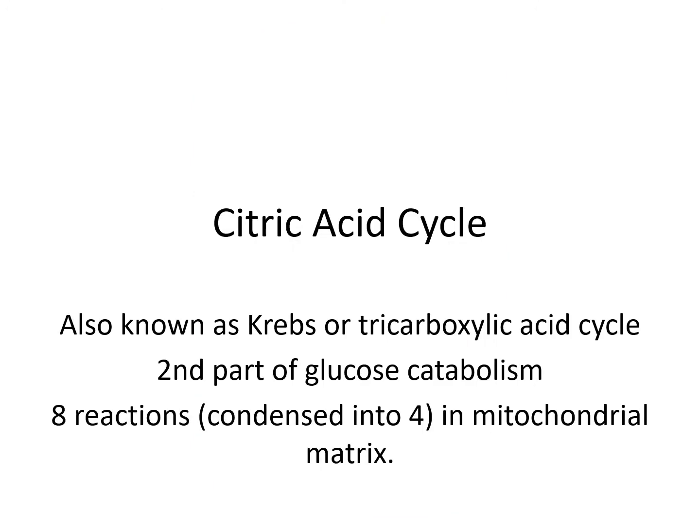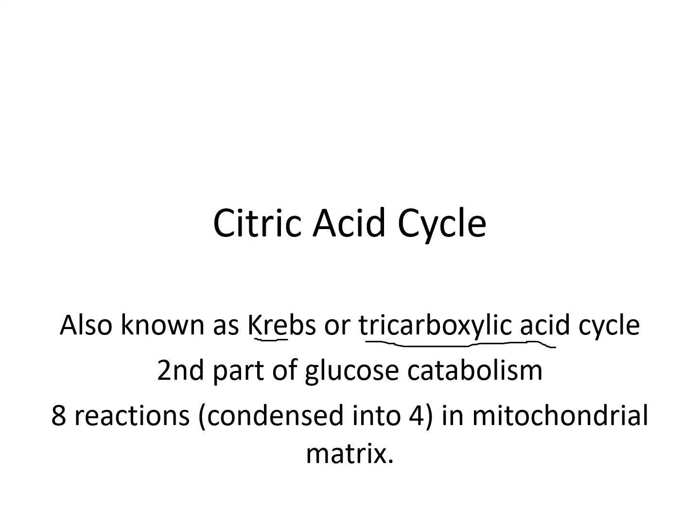Now the reaction continues in the citric acid cycle. The citric acid cycle has other names too, such as the Krebs or tricarboxylic acid cycle. And this is the second part of glucose catabolism. It's composed of 8 reactions, but your textbook condenses it down to 4 steps.